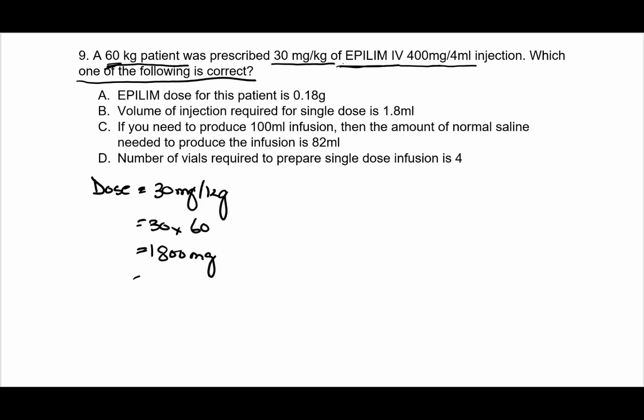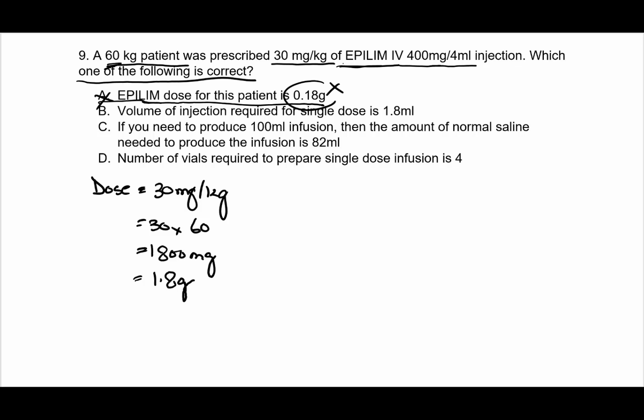And in grams, it would be 1.8. So option A is saying the dose of the patient is 0.18. So that is incorrect. So A is wrong.